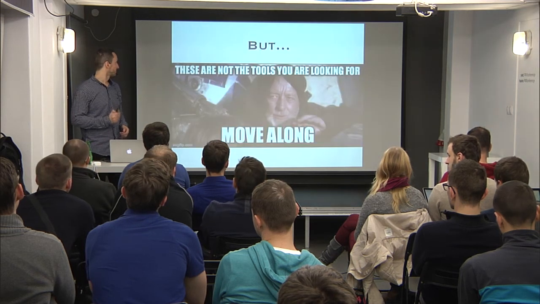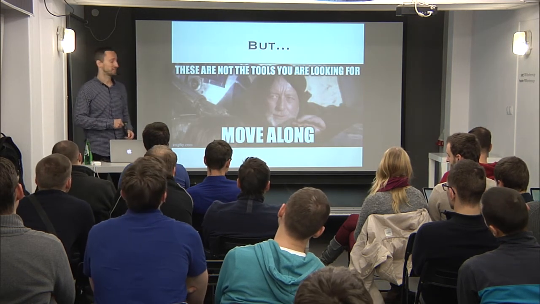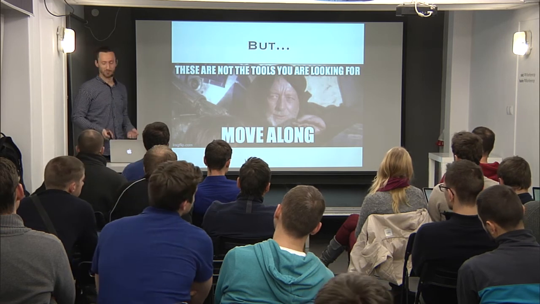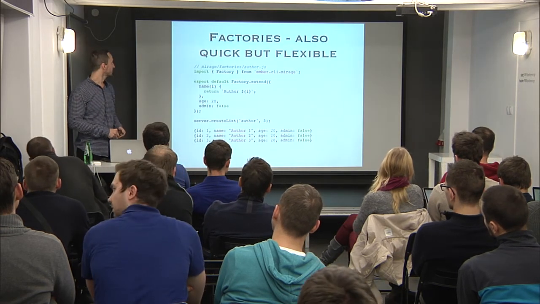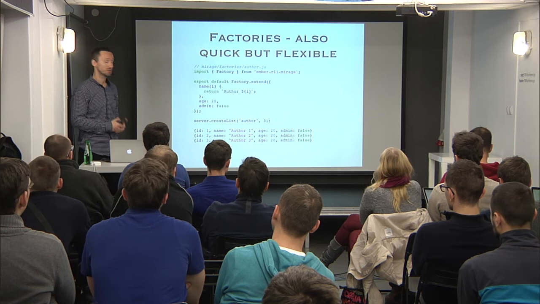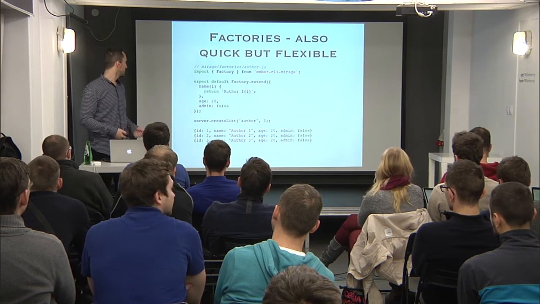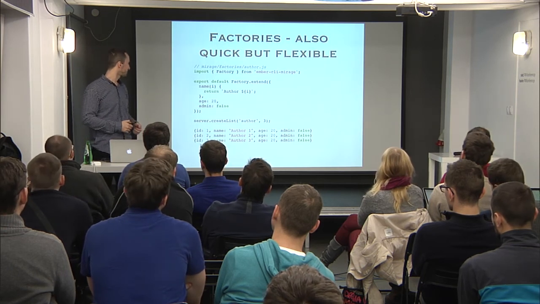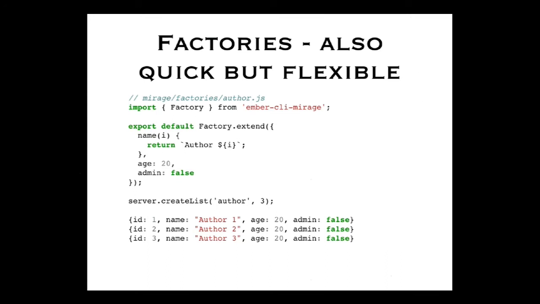But that was inflexible and again a bit boilerplate. What can we do with it? We can use factories. Factories just produce instances of your models for you, and you can define the defaults, so you don't need to pass it each time you want to create a new object.